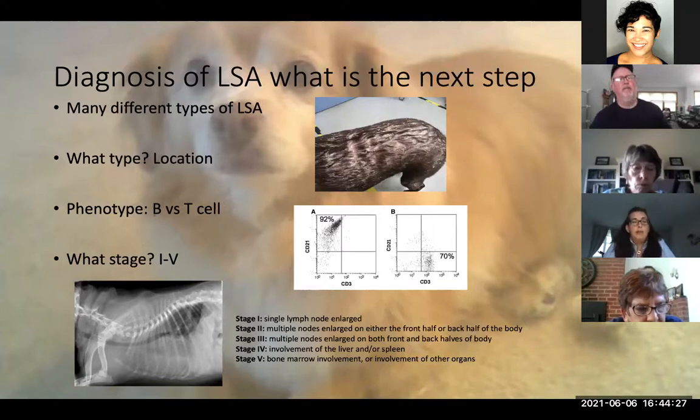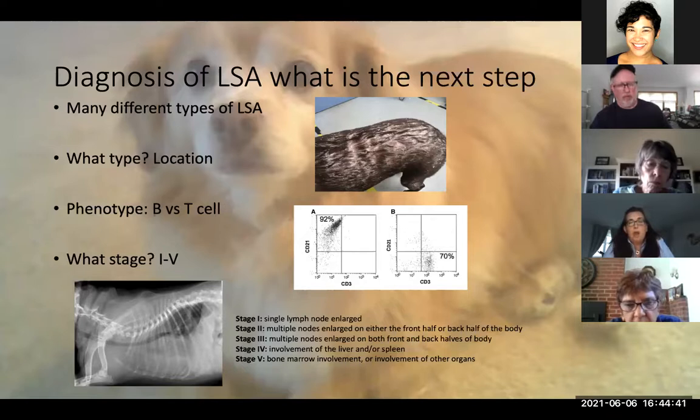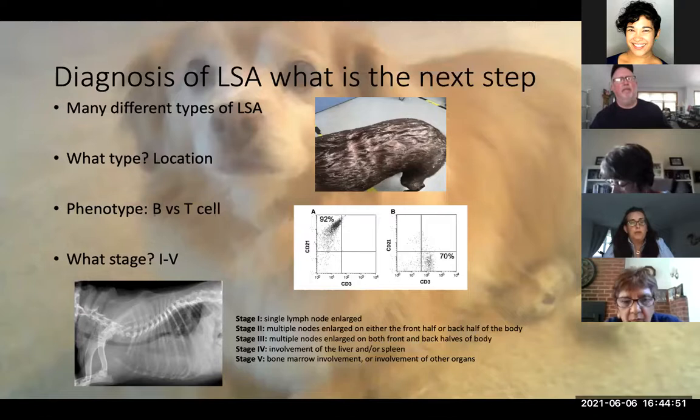So now that we have that diagnosis, we'll go ahead and recommend advanced imaging to find out the location. I mentioned that there's that specific type, what type of cell is it, B or T cell? That may require a very specific flow test or something called PARR, and that will help us further identify what type of lymphoma it is.